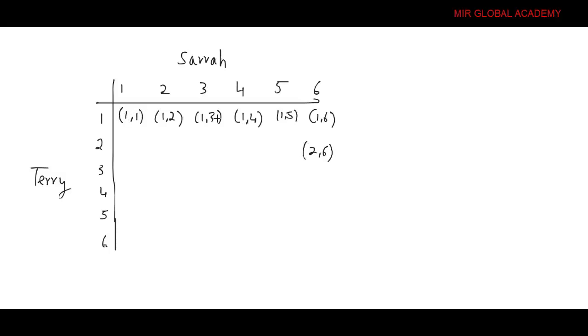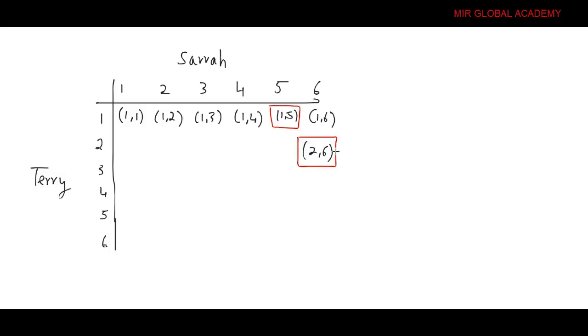Therefore, the first coordinate represents Terry and the second coordinate represents Sarah. So we have to pick those coordinates in which Sarah, the second coordinate, is 4 more than the first one. So out of all these 36 options, we have only 2 in which Sarah has 4 more than Terry. The one here, if Terry threw 1 and Sarah threw 5, then Sarah has 4 more than Terry.